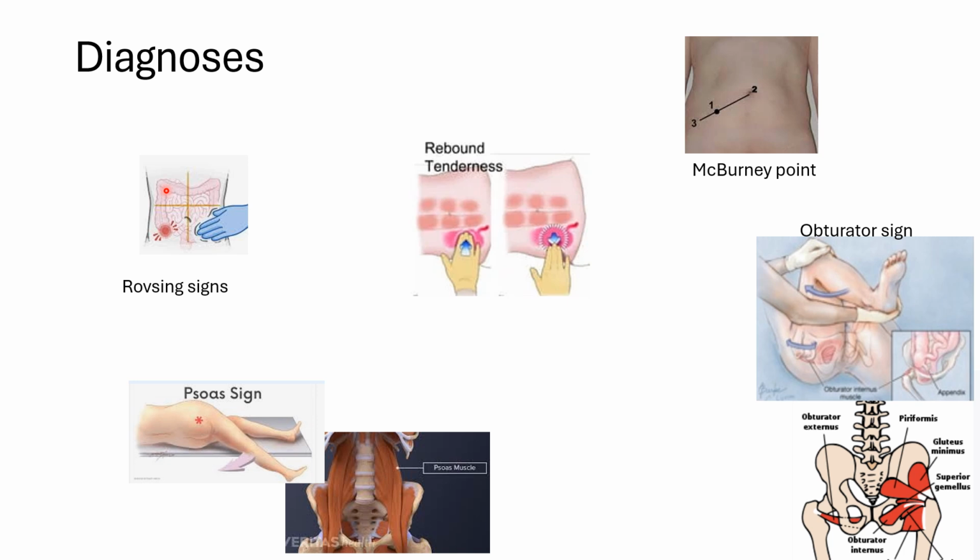In this case, our patient has pain on the right lower quadrant, as I mentioned, dividing it into four sections. You put pressure on the left lower quadrant of the stomach, and the patient will feel the pain on the right lower quadrant.